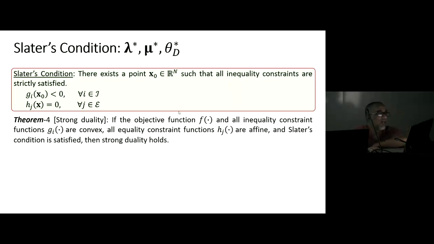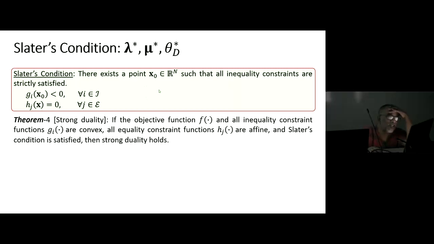So this is Slater's condition. There exists a point x naught such that the inequality constraints are inactive. So in other words, this less than or equal to is a strictly less than. Okay, it's not at a boundary of one of the inequality constraints.